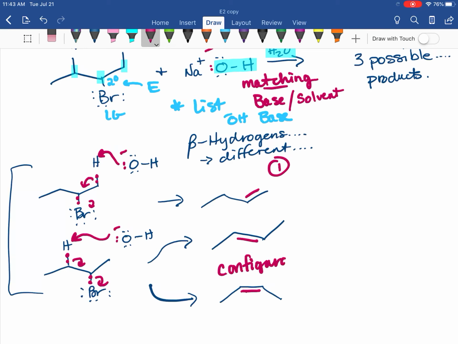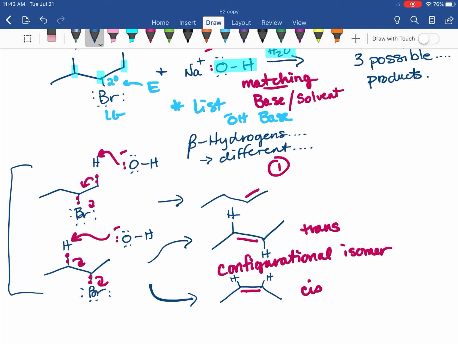What happens when you fix that bond rotation in space is that you get possible configurational isomers. This is where we first saw cis and trans. Our alkenes have a version of cis and trans as well. So check it out. This one has hydrogens opposite. This one has them on the same side.